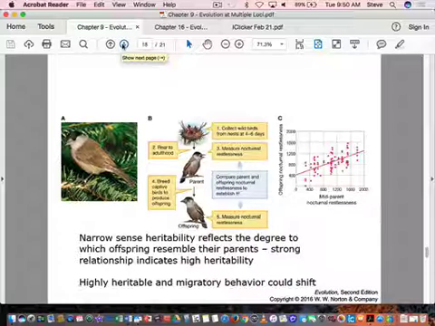Let me show another one. So the one there is 0.45, right? So for every change in x, y goes up a corresponding amount. Parents.